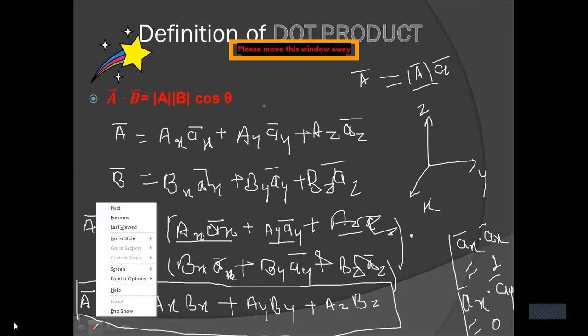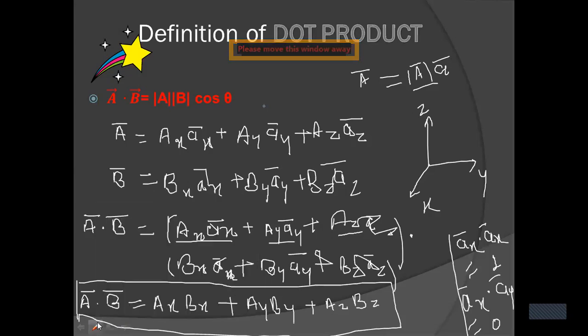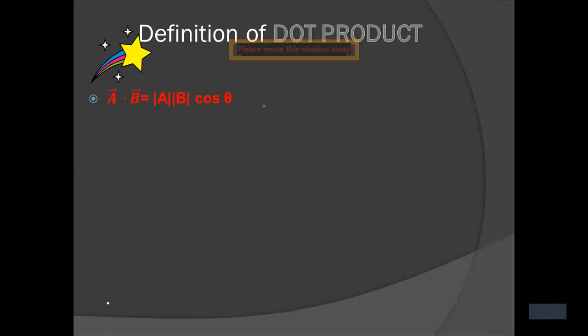Now we'll see the application of this dot product. Now this is the application. Write down the application of dot product. So we can use this dot product to find the length of projection. Okay, length of projection.